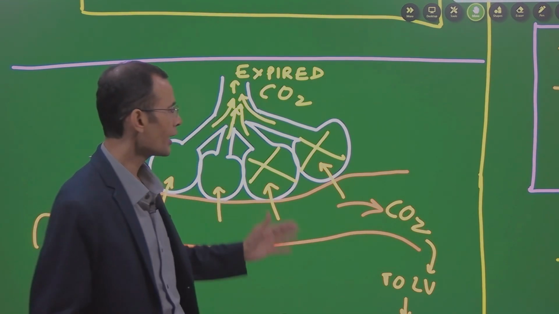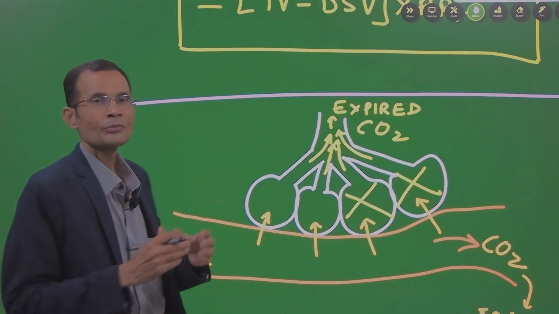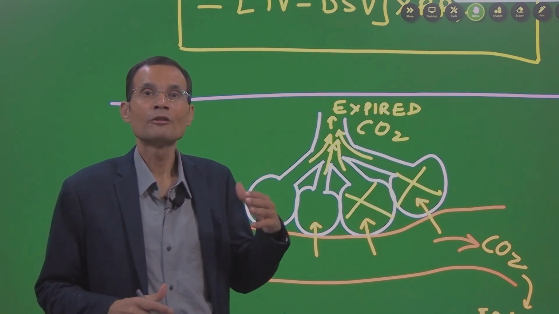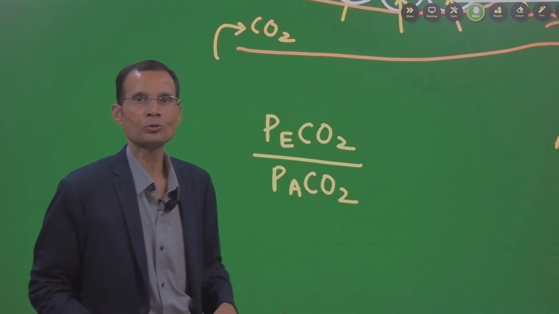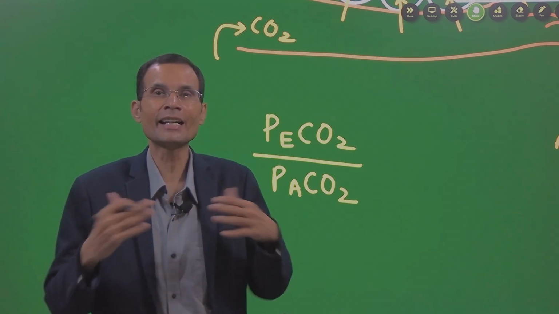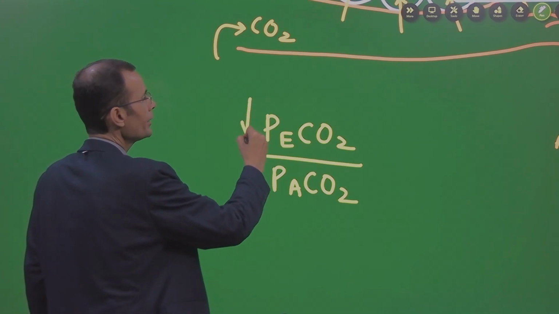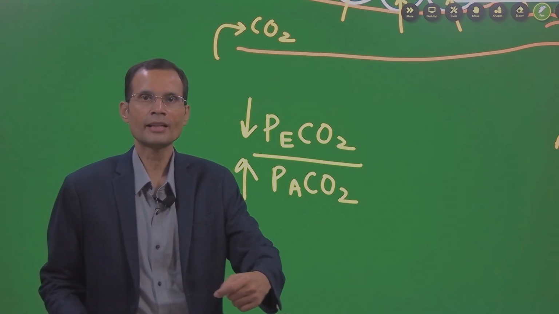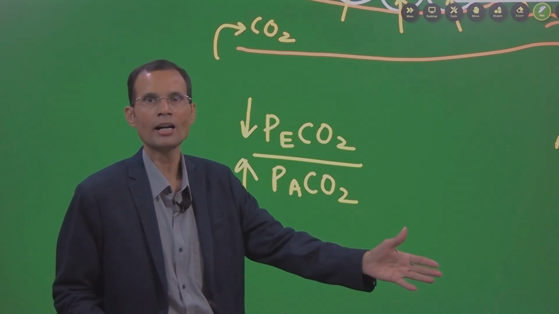So a greater amount goes to the arterial side because of the dead space volume. This is the logic behind calculating dead space from the ratio PeCO2 upon PaCO2. If the volume of dead space is greater, less carbon dioxide will come in the expired air, and more will go to the arterial side, because it could not come into the expired air. It will go to the left side of the heart, and from there to the arterial side.